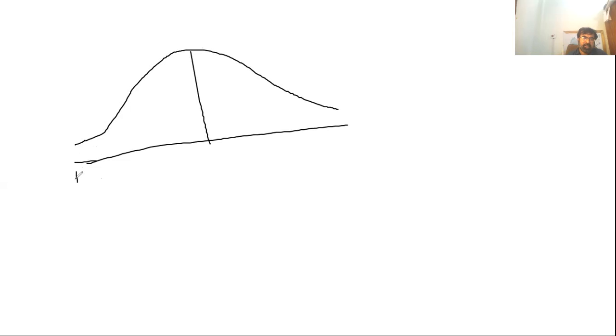And percentiles start from P1, P2, up till P99. It means that the percentiles divide the data set into 100 equal parts. This half of the bell shape indicates the 50th percentile.